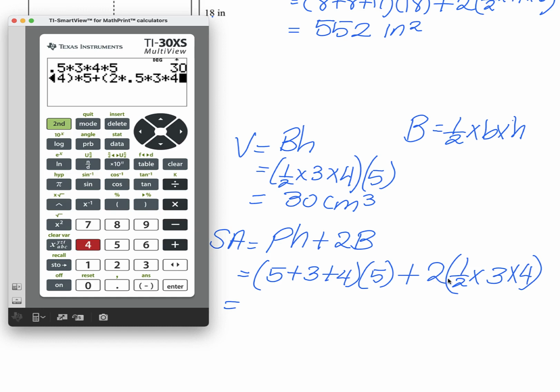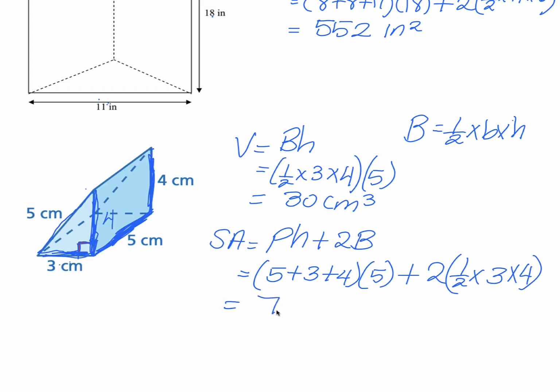Because this is straight multiplication, you can just put all of that in your calculator, and we hit enter, and our answer is 72. That will be 72 square centimeters.